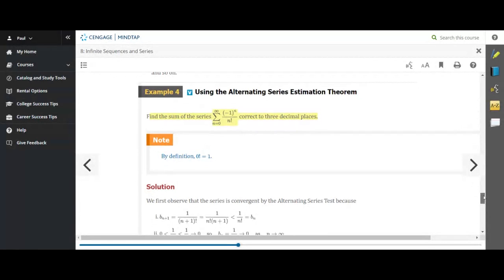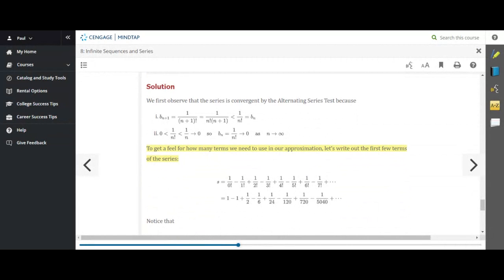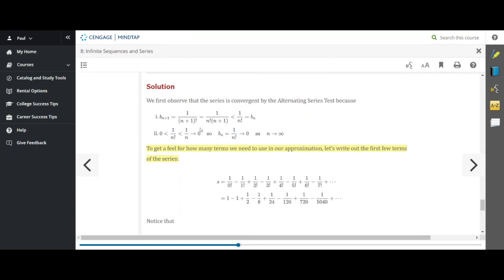In the beginning, they're just establishing that the terms of the series, disregarding that plus or minus, get smaller, they decrease, and the terms of the series approach 0.